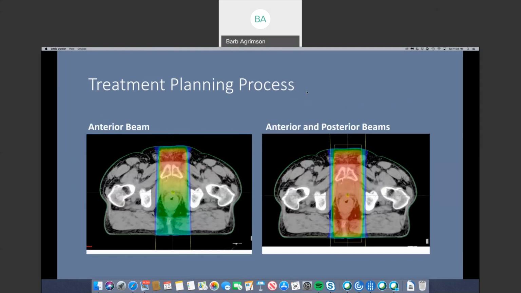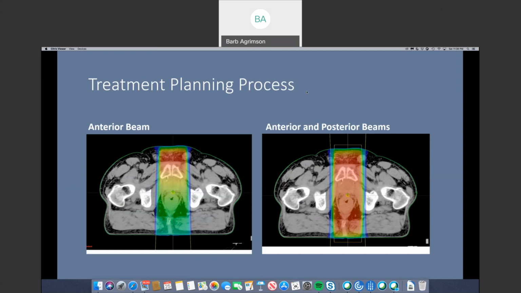So beam arrangement is important to begin the planning process, like I stated. In this example on the left, you can see what a beam profile would look like if it was directed from the anterior aspect of the patient. The red is just going to be where the highest amount of radiation is deposited.